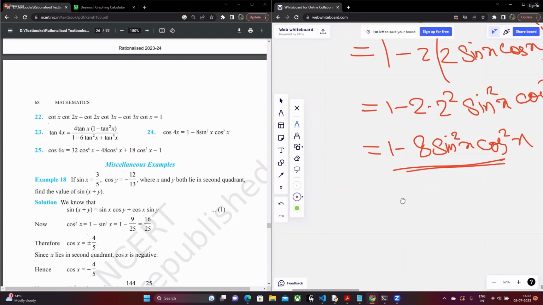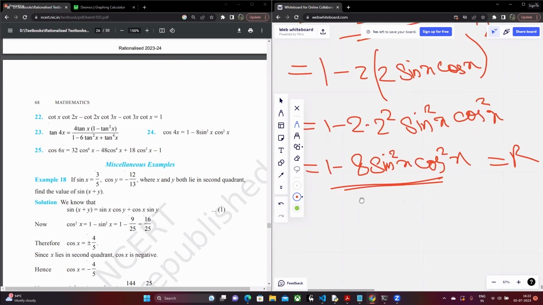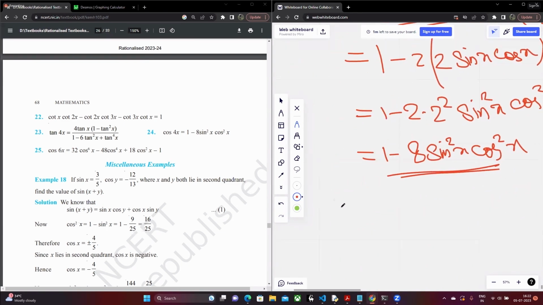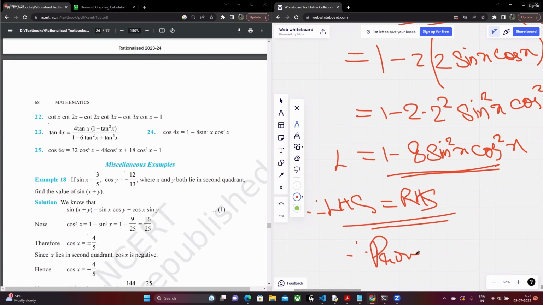All right, which is basically the right hand side of the equation. Therefore, LHS is equal to RHS. Therefore, I have proved the statement.